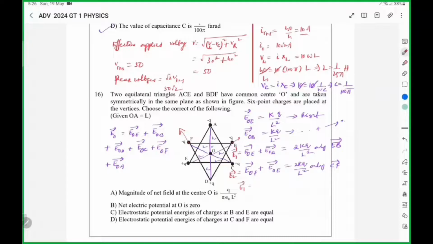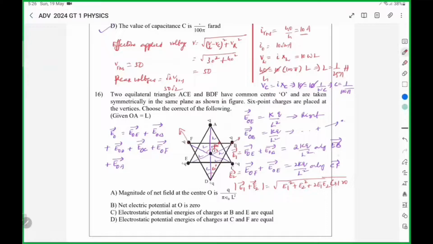E1 plus E2 will be, here it is equilateral, it is 60 degrees, it is 120 degrees. So the resultant will be root of E1 square plus E2 square plus 2E1E2 cos 120.